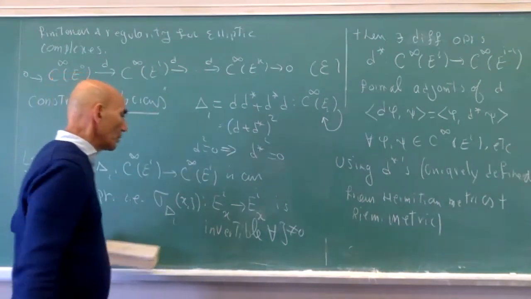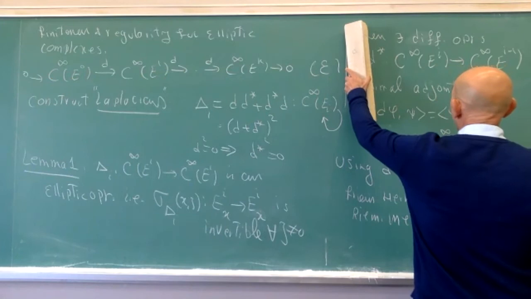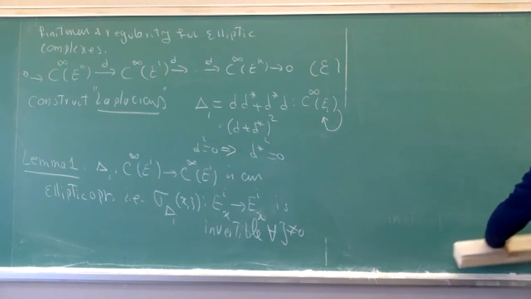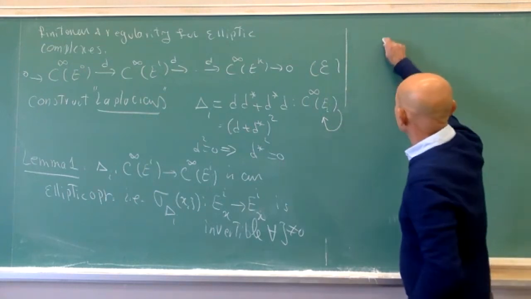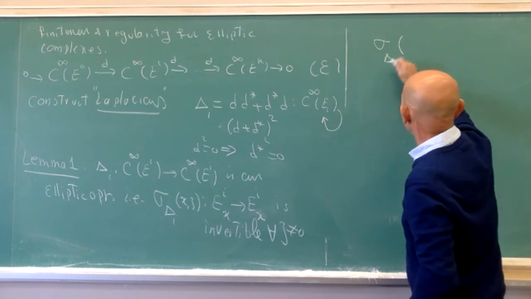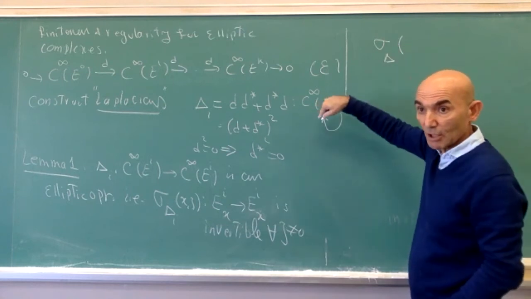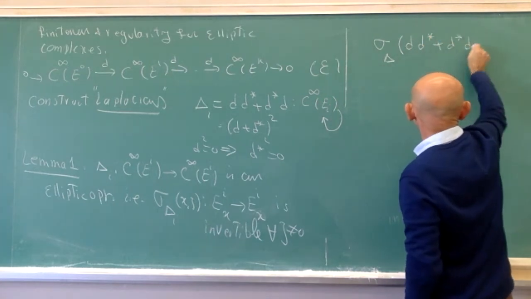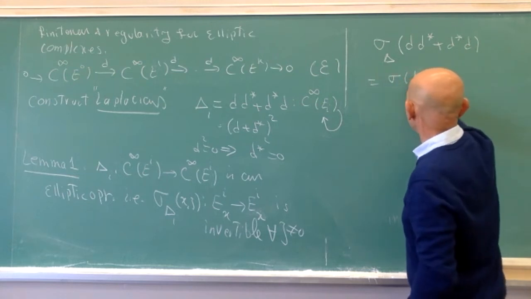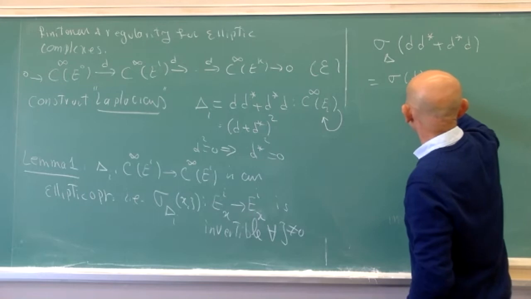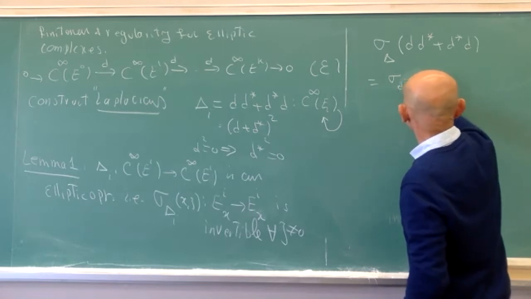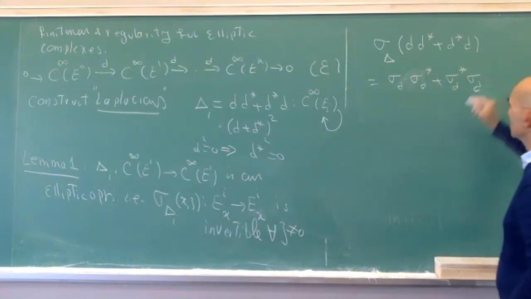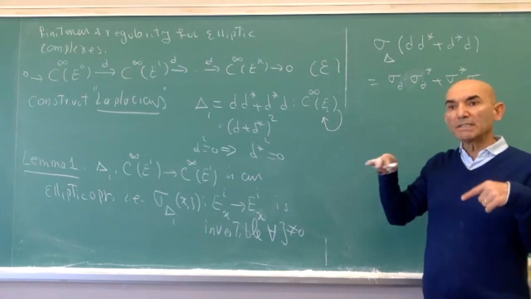So what is this symbol now? The principal symbol, we know that it's multiplicative, right? So we are talking about the symbol of this d star d plus d d star. So let me put it like this: the symbol of d star plus the symbol of d, because the leading symbol is multiplicative.